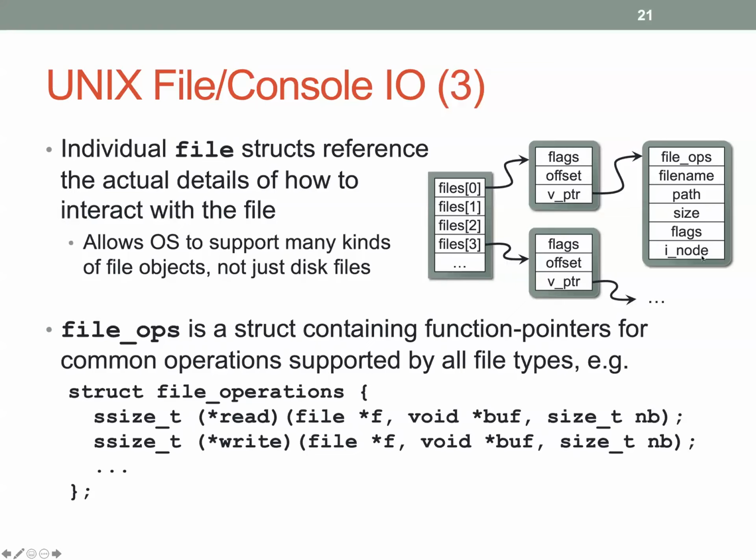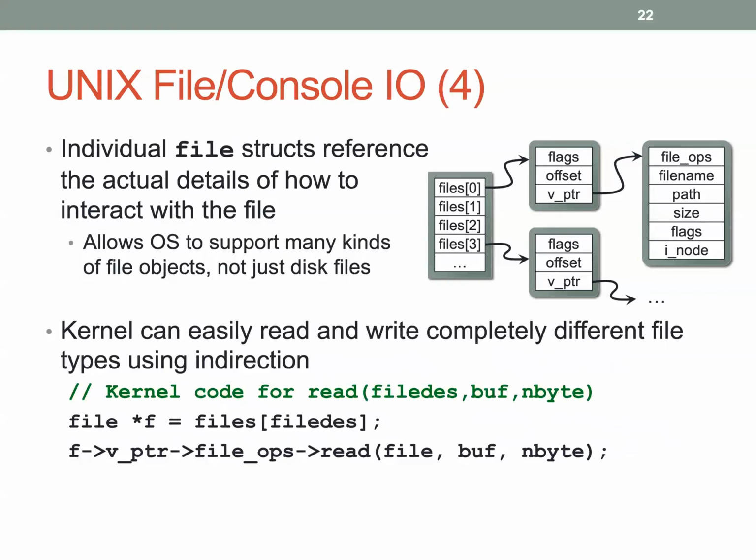You'll have inside this thing, how do I read? How do I read this thing? Because it may be a file, it may be a pipe, it may be a socket. So reading these different kinds of things will be implemented in different ways. How do I write it? How do I close it? Okay. So there are function pointers that point to the appropriate implementation for that kind of file based on what kind of device it's on.